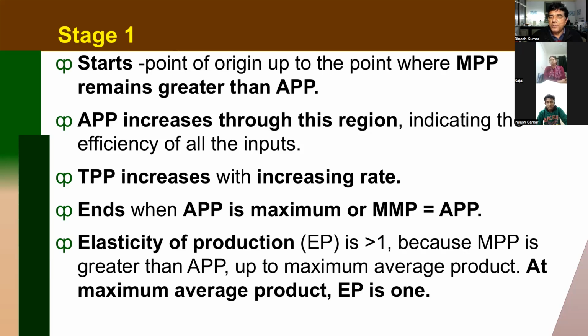APP increases through this region, indicating the efficiency of all the inputs. Total physical product increases with increasing rate because MP is increasing. It ends when APP, average physical product, or AP is maximum, or MP is equal to AP. So it ends here.